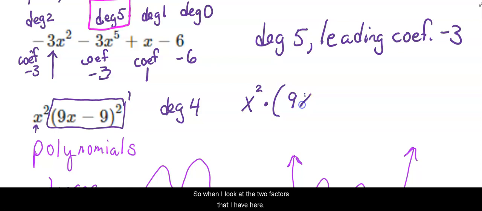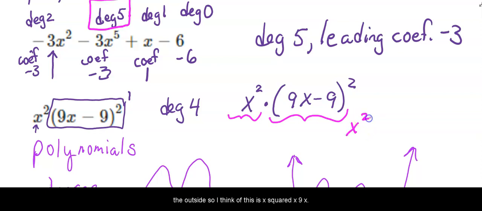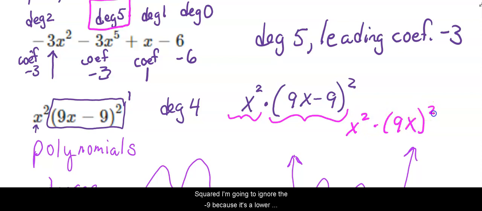So when I look at the two factors that I have here, the factors are the parentheses 9x minus 9, and the second is the x by itself. When I look at these, I take the highest degree term of each one and I multiply them together with the powers on the outside. So I think of this as x squared times 9x squared.